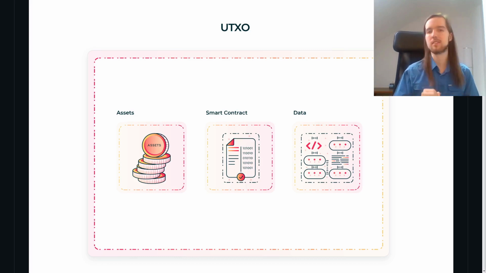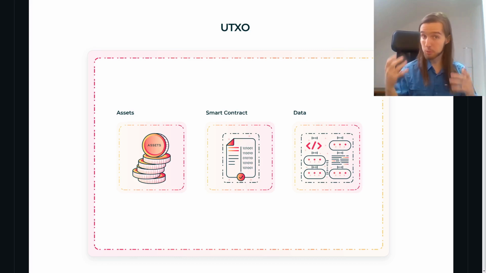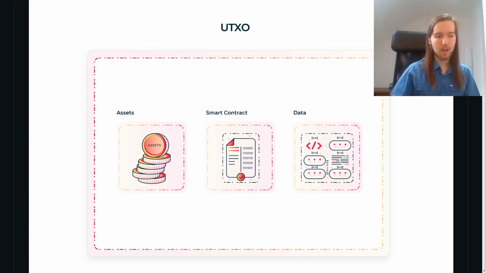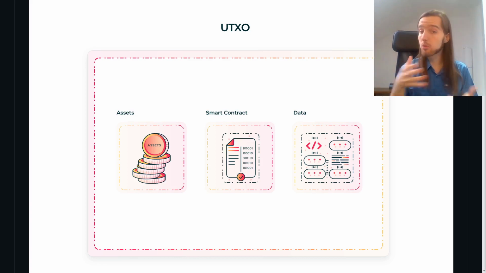And I think, as you'll see in other talks in the Ergo Summit, there is a lot of really exciting things to come, a lot of things we're releasing today. And so I think if you're interested in getting into development, or you're just a user, this is a really great time to try to learn a bit more about the UTXO model, because I really do not think it is going away anytime soon.